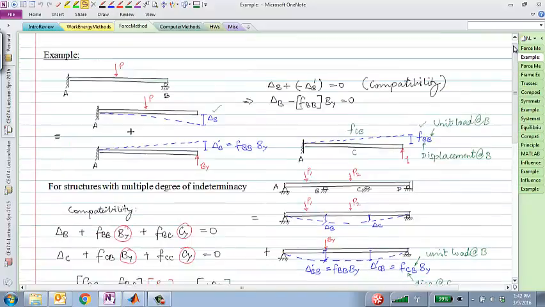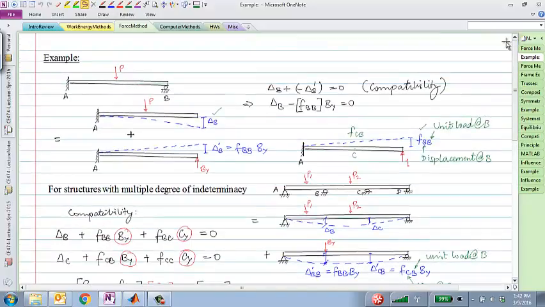So if you remember long back when we were talking about the force method, we said that essentially the idea is remove a redundant force, find out the actual displacement, and then find out the displacement due to a unit redundant load, and use the compatibility equation to solve for the unknown redundant force. That's the force method in a nutshell.